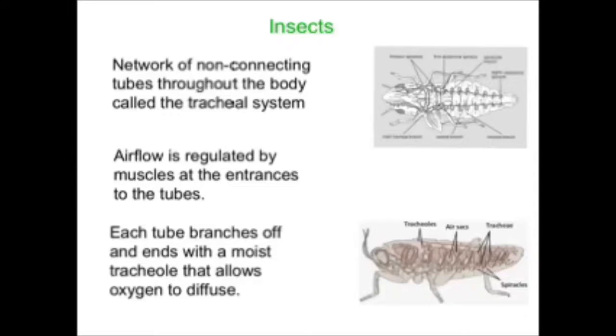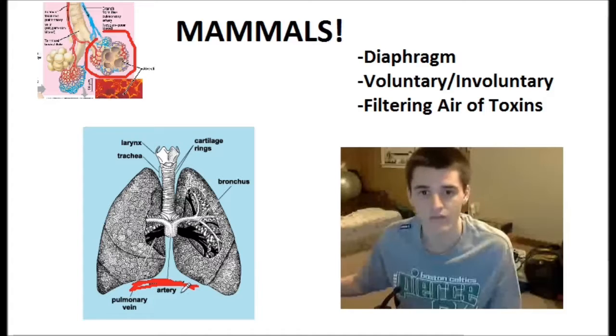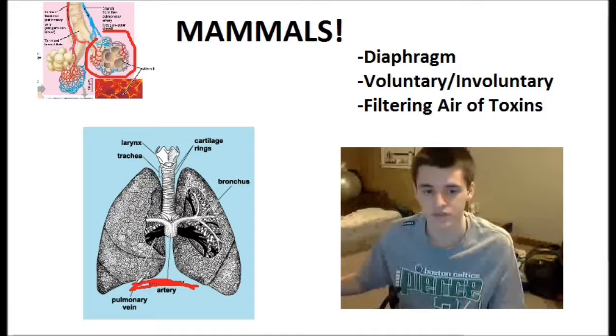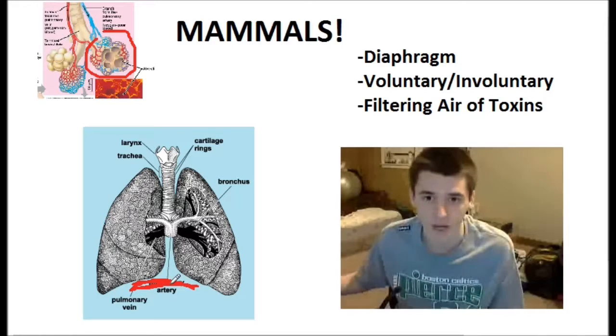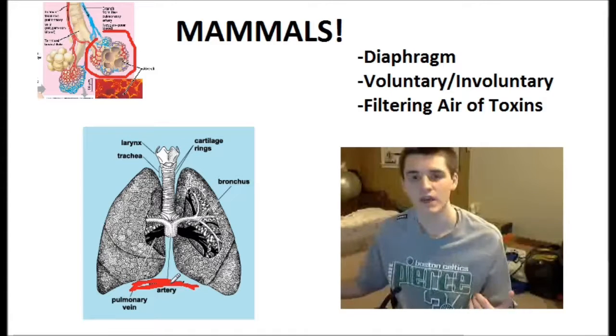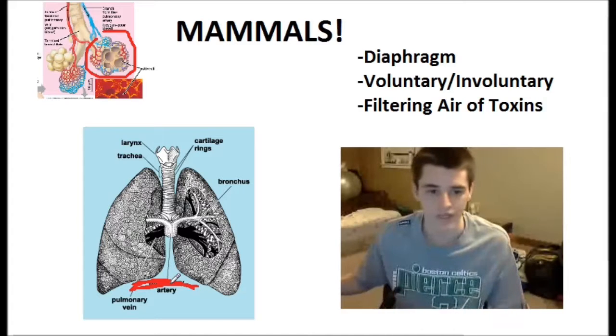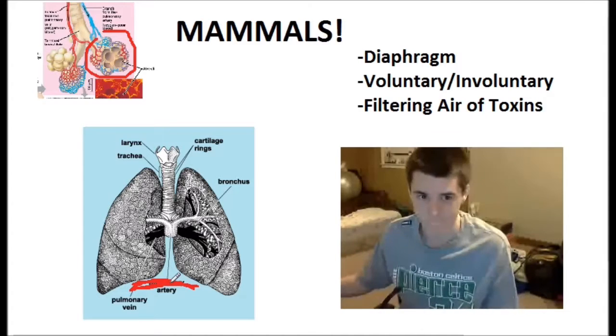Okay, so what makes mammals unique is that they have a lung. The lung functions by way of a diaphragm, which is already illustrated right here, and it contracts and draws oxygen or air from the atmosphere into the lungs by way of a vacuum.